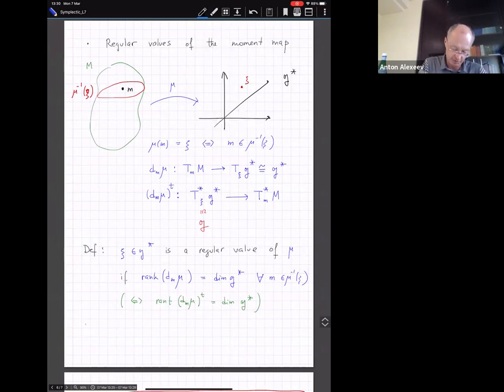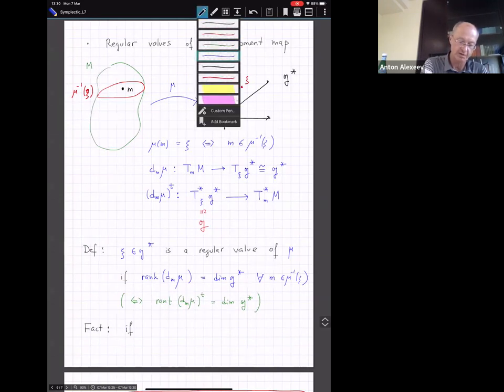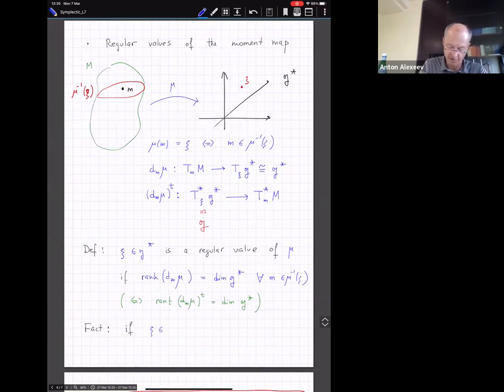So here is an important fact. If psi is a regular value, so why are we interested in regular values?